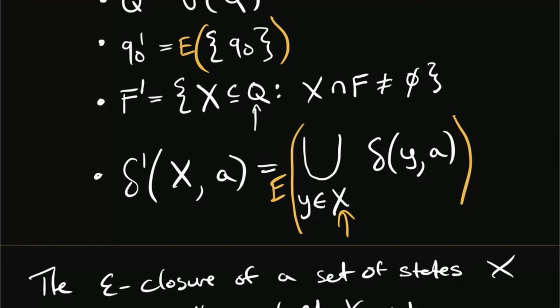I guess you could do it, but there's no real purpose because once we go to that state, we've already applied epsilon closure to get there anyway. In the previous transition or at the start, we applied epsilon closure to begin with. So applying it again won't do anything. I'm saying we have a set of states X and we apply epsilon closure, then consume a character, and then apply epsilon closure again.